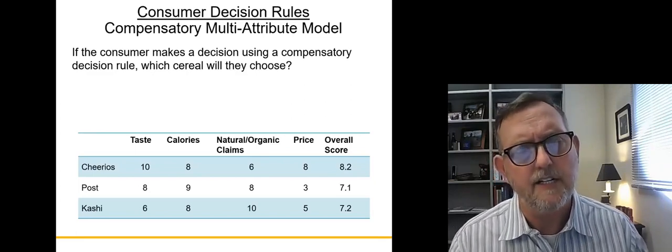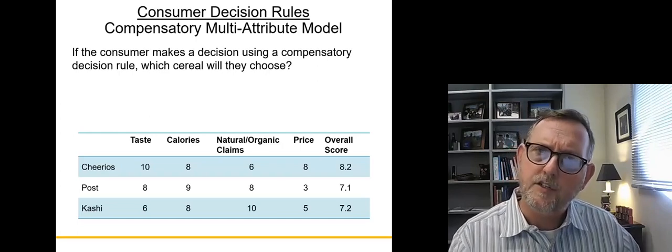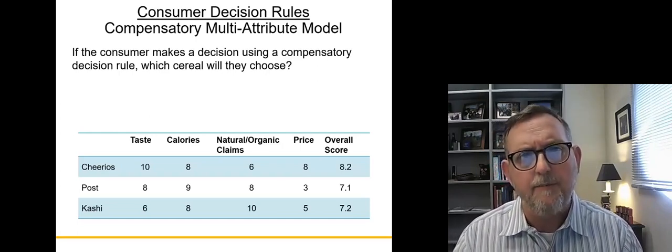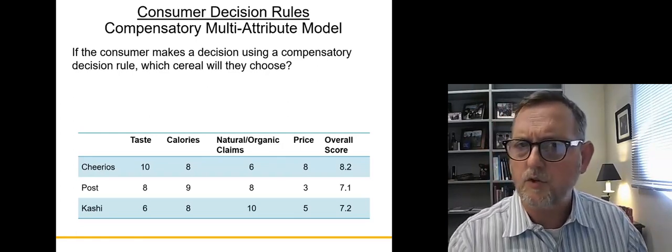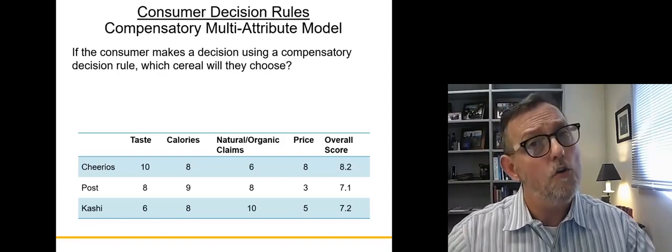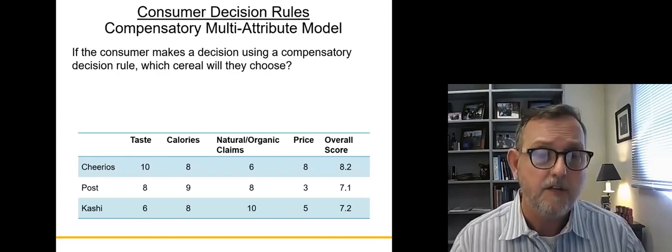So we have 4 different criteria that are being evaluated, and each brand has a score associated with each one of those criteria. And what's happened is this customer has taken those scores and created an average to identify which overall product they would prefer the most.